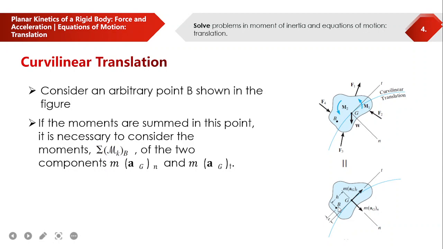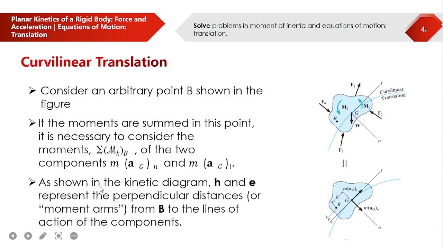So, look at this figure. As shown in the kinetic diagram, H and E represent the perpendicular distances or moment arms from B to the lines of action of the components.